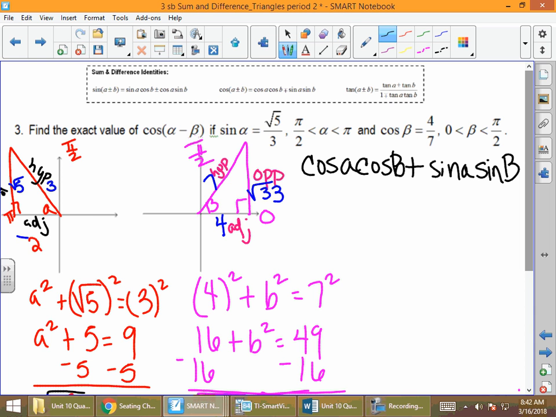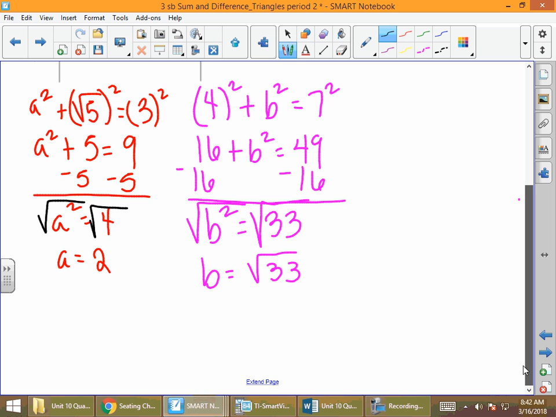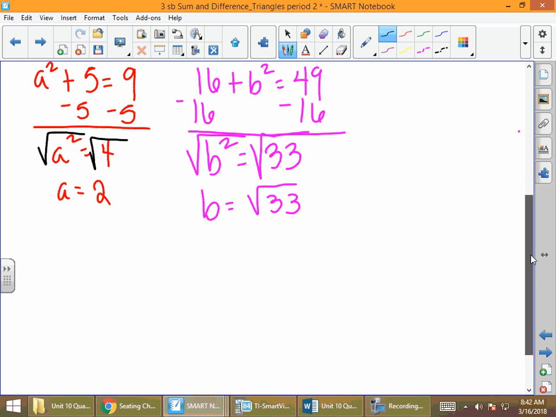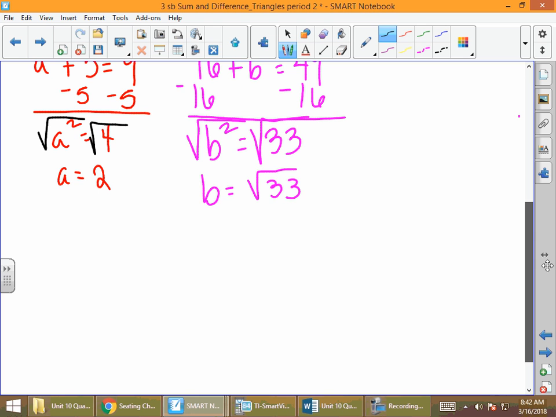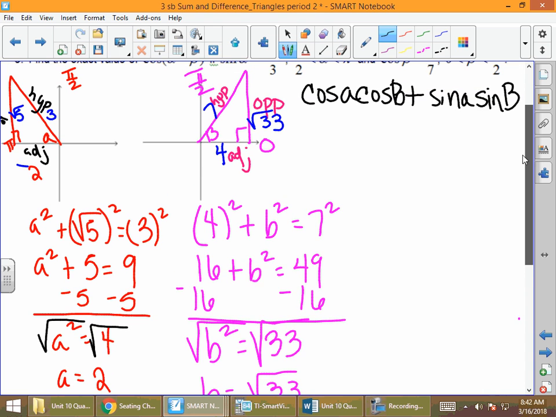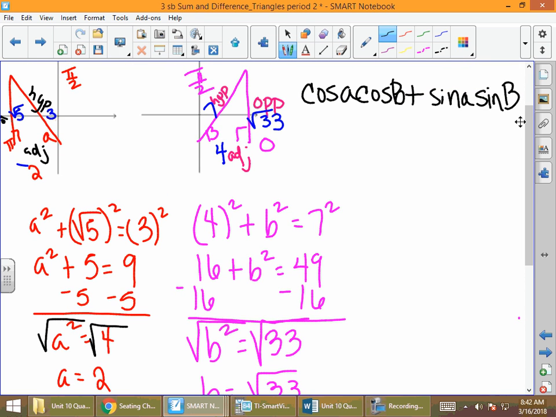So let's go back over there and figure out what's the sine and the cosine. Well, based on our red triangle here, our sine of alpha is opposite divided by hypotenuse. So that was given to us even, I think.